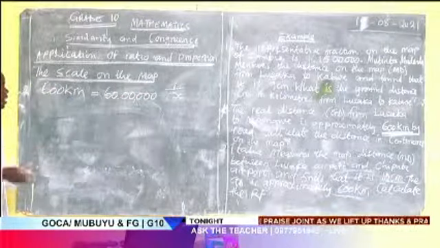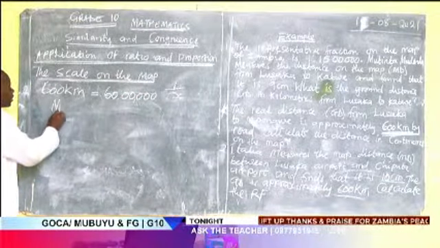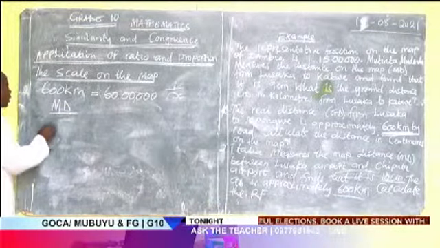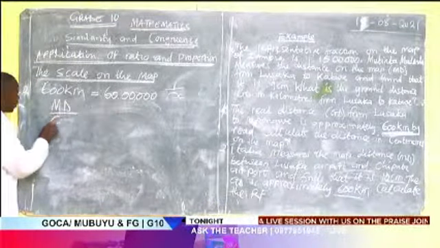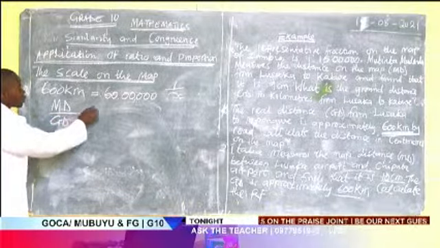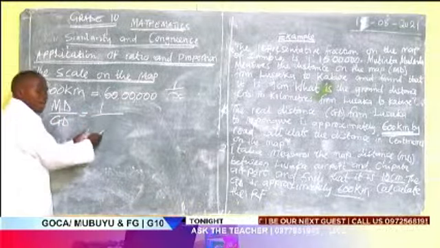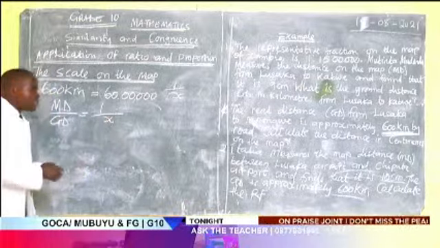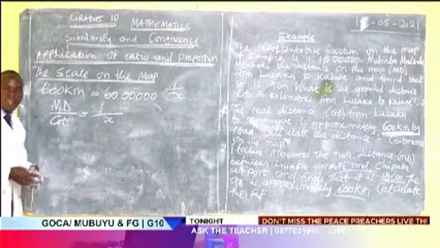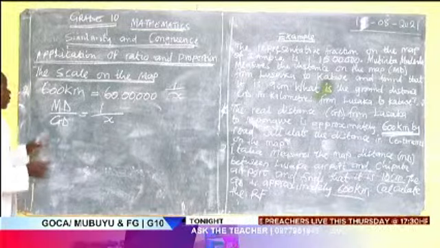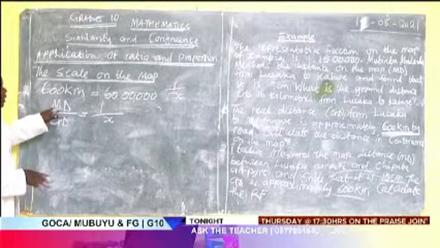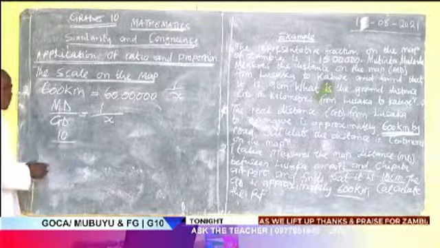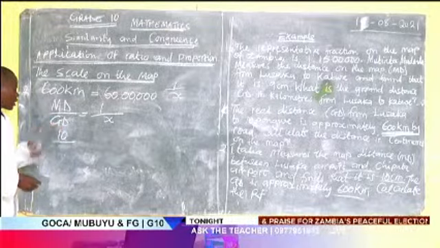Okay? Then we'll write our formula, which is map distance over ground distance, is equal to 1 over, we do not have. This is the one that we have to find now. We can put a letter here, which is x, or we can put y. Okay? We shall substitute. What is the distance on the map? 10. Over, what is the distance on the ground?